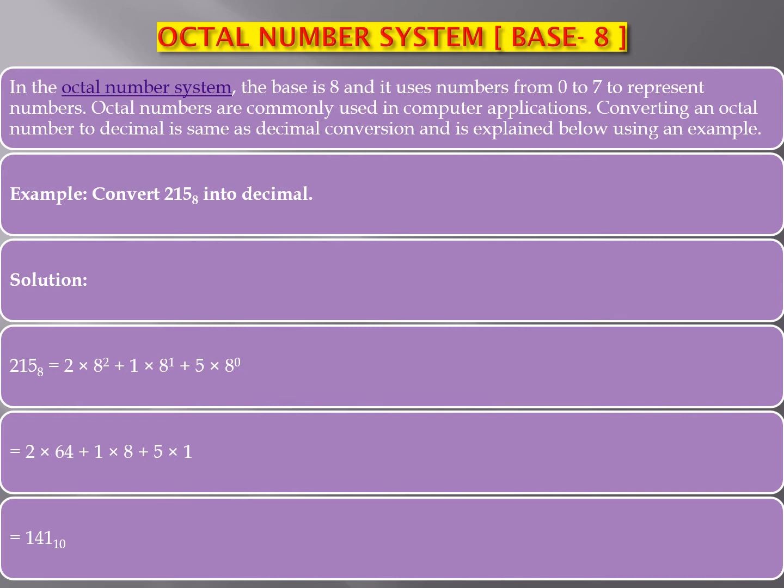Solution. 215 base 8 is equal to 2 into 8 squared plus 1 into 8 to the power of 1 plus 5 into 8 to the power of 0, that is equal to 2 into 64 plus 1 into 8 plus 5 into 1, that is equal to 141 base 10.